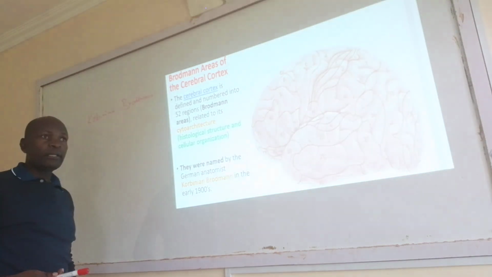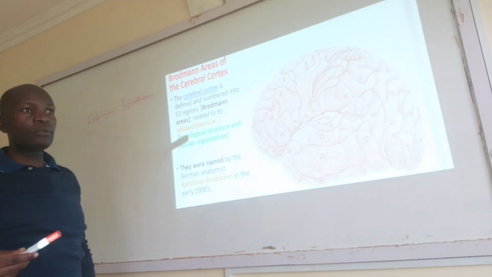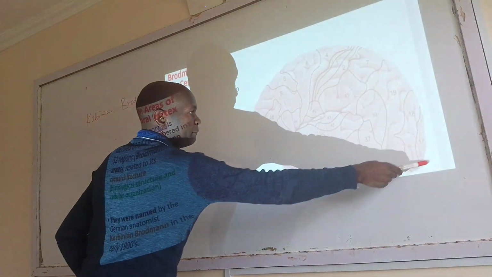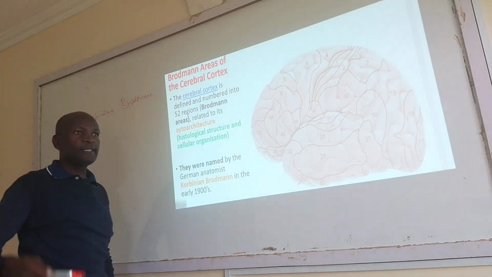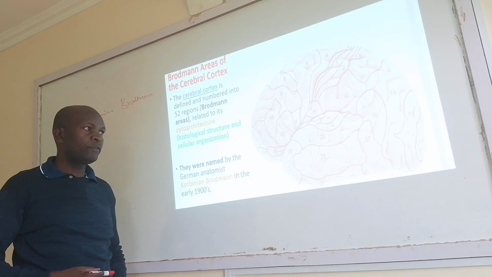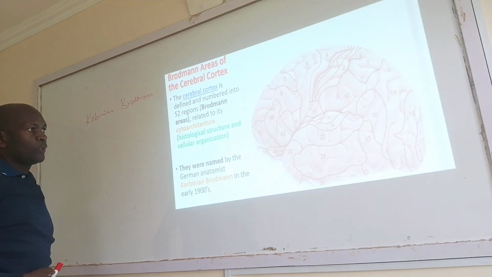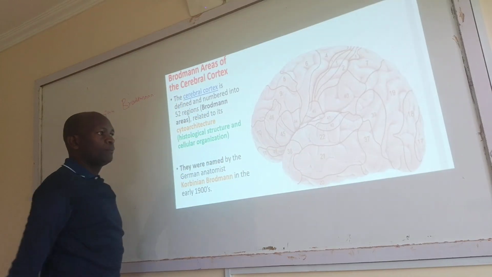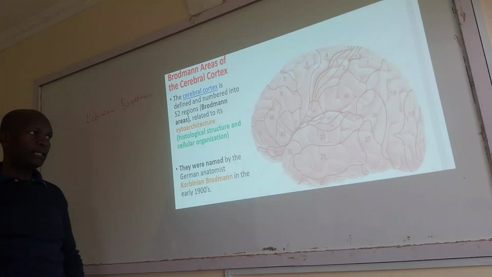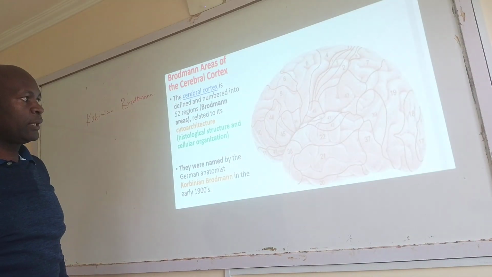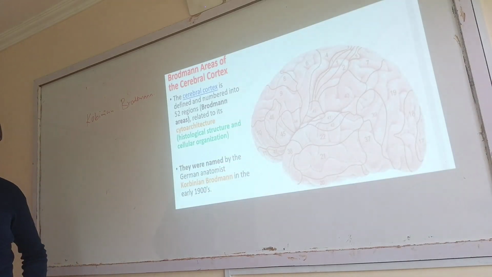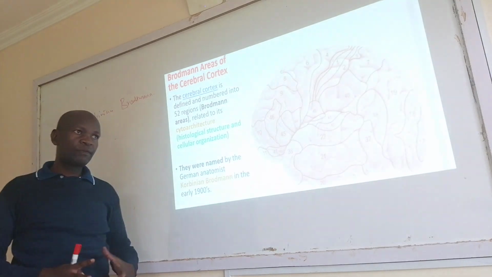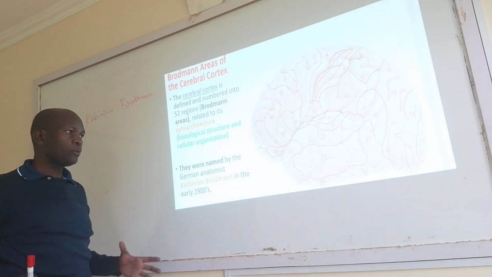The area that deals with the visual interpretation, he classified as Brodmann Area 17, that is on the occipital lobe of the brain. So this area, Brodmann 22, is the Wernicke's area that deals with language comprehension, and so on and so forth. So he mapped the brain into a total of 52 areas.